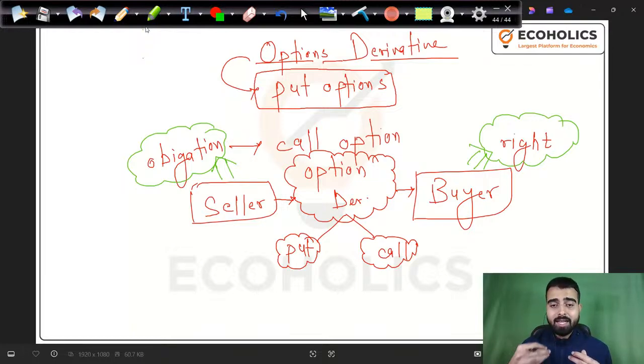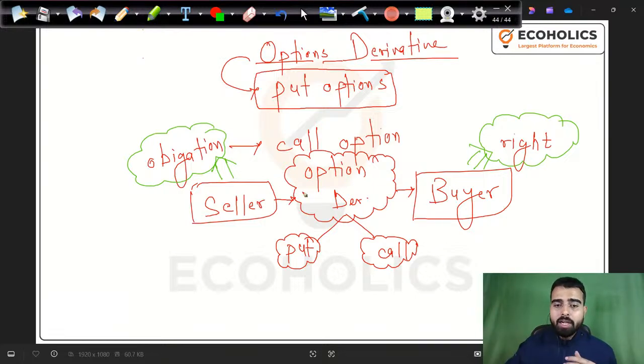And as a seller, as I have sold that particular option to the buyer, I have to buy it. Okay? It means I have sold a put option. Whosoever will be buying that put option is going to have a right to sell a particular underlying commodity at a set or predetermined price. And as a seller, I have to buy it from the buyer.